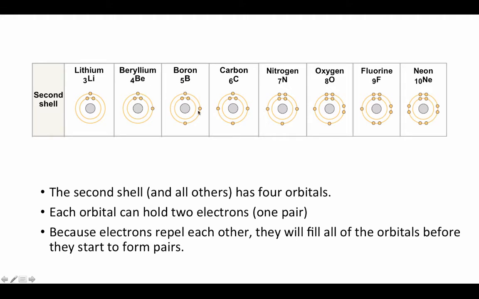Boron with 3 electrons, 3 separate orbitals. And then carbon now has 1 electron in each of those orbitals. Now they'll start to pair up in nitrogen with its 5 electrons in the valence shell. So now you have 1 pair of electrons and 3 unpaired electrons. And then they will start to fill the other orbitals as we go across to neon, which has a complete valence shell.